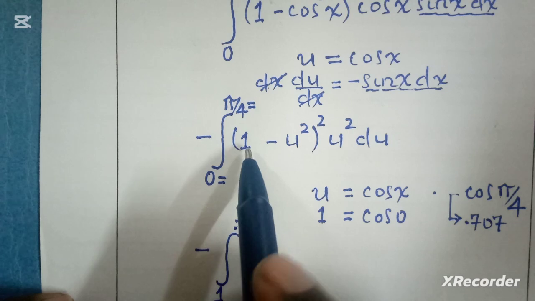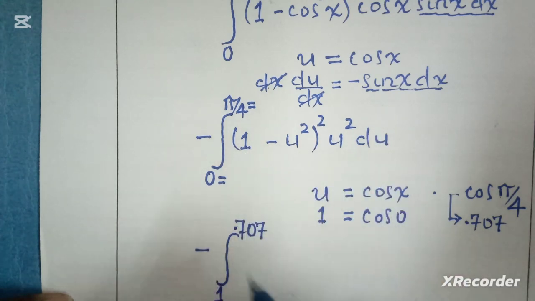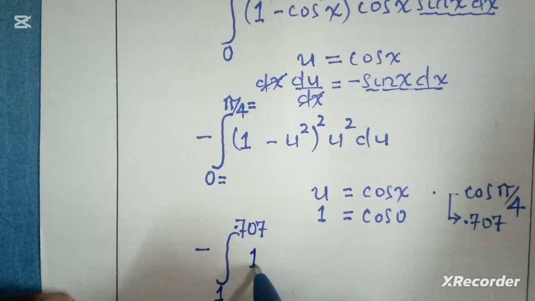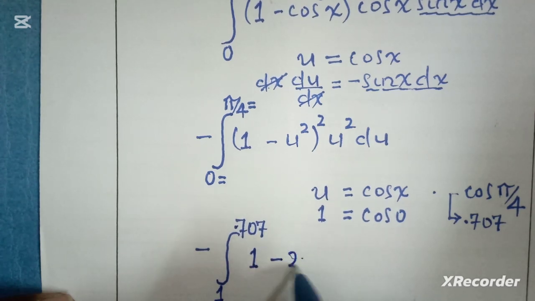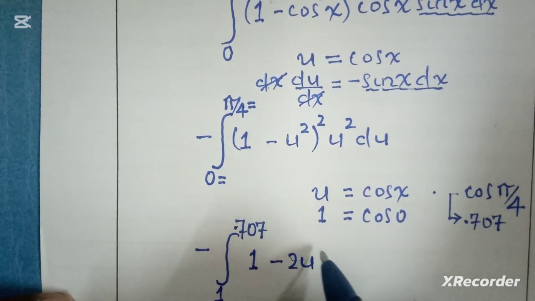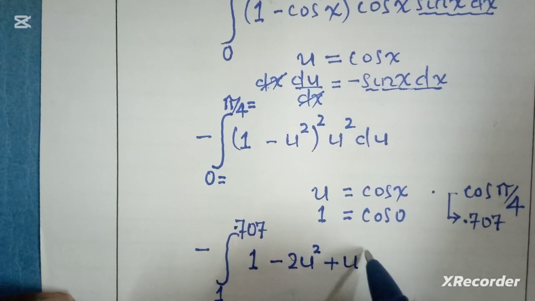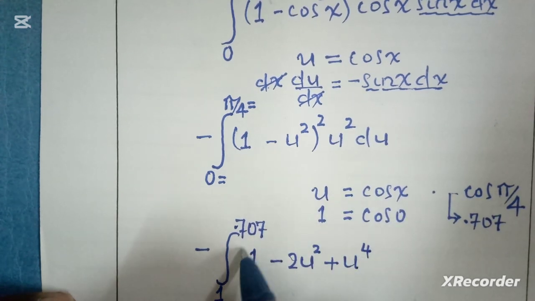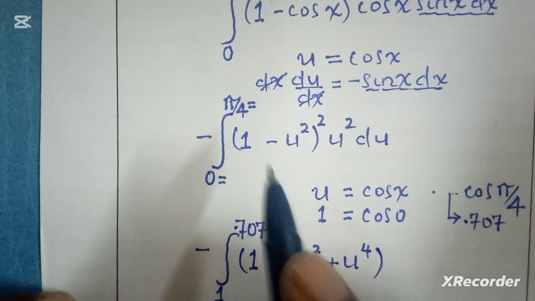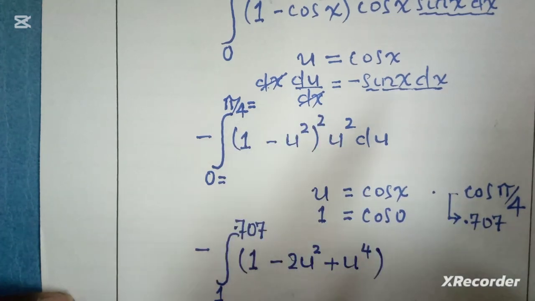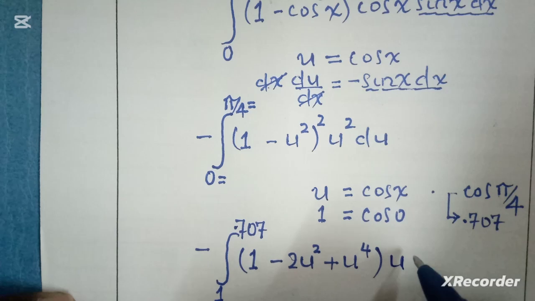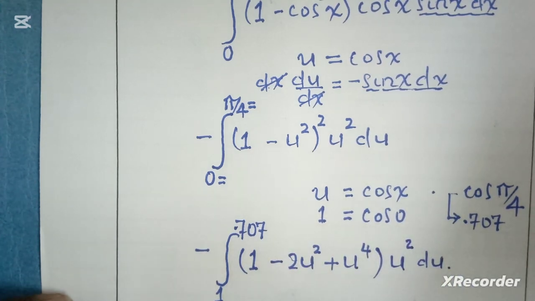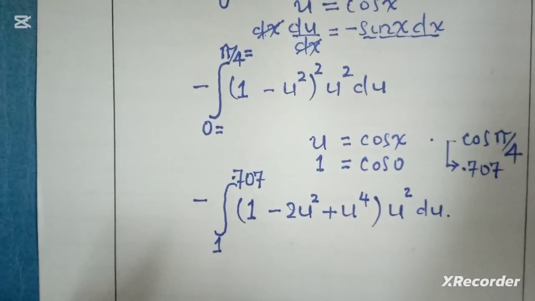This is where now we square that. If we square that guys, we get 1 minus 2u squared plus u raised to 4, like that. That is that squared. You multiply now by u squared du, like that.